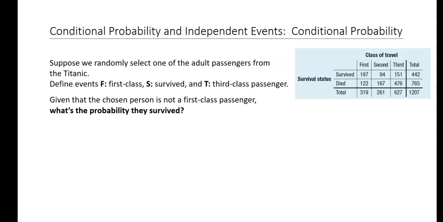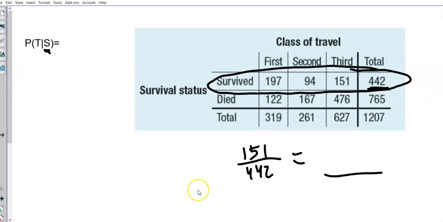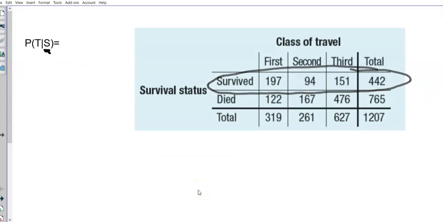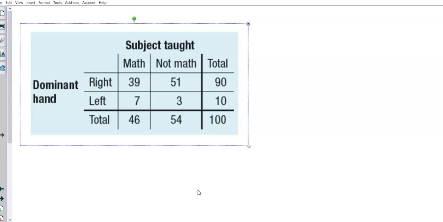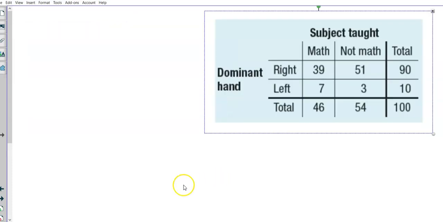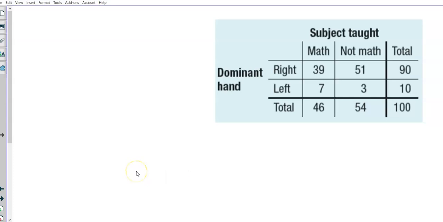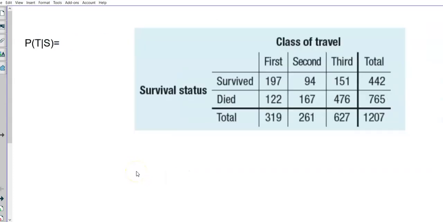Okay, given that a person chosen is not first class, what's the probability they survived? Let's go back to that. Not first class is all of these folks, right?